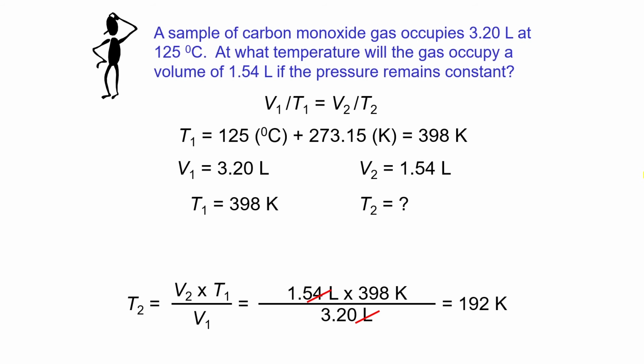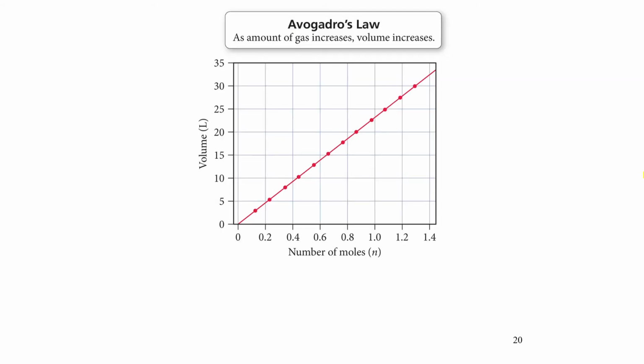Okay, let's look at a third expression of the relationship between properties in gases. This is Avogadro's law, and this is a plot of the volume against the number of moles of gas, in other words, the amount of gas. What we find is that as we increase the amount of gas at a constant temperature and pressure, so does the volume. So the volume is directly proportional to the number of moles, and by convention, we use the letter n to represent the number of moles.